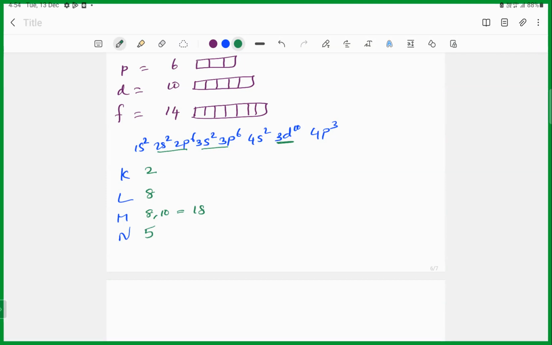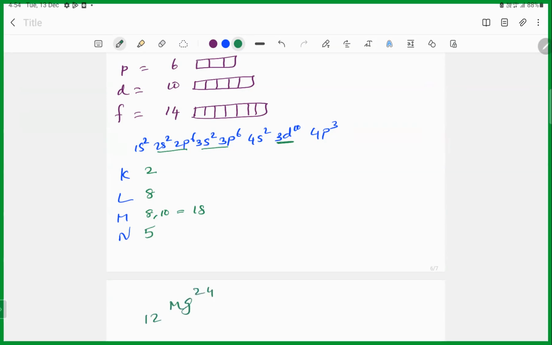Is it clear? Yes, sir. So this is how you have to write the electronic configuration. Now all of you write the electronic configuration for magnesium, 12Mg24.